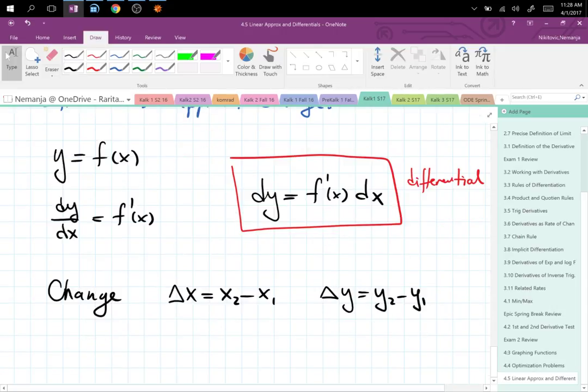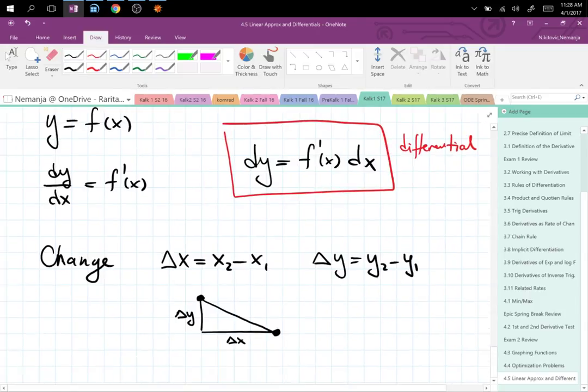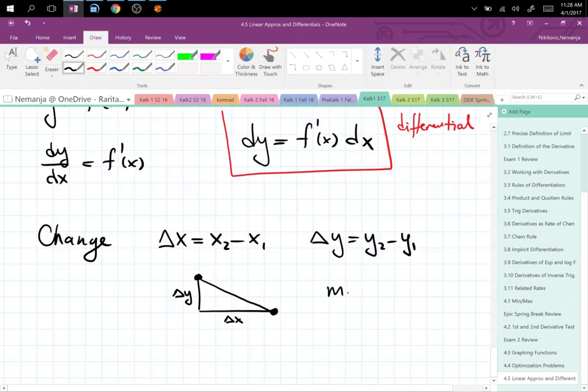Now I can go to triangle. If I draw a triangle and label 2 points, this is your delta y, this is your delta x. The slope that you know from your algebra, m, is change in y divided by change in x. That looks awfully the same as our derivative dy over dx, right?